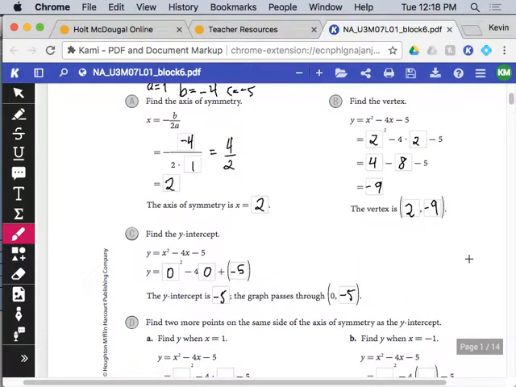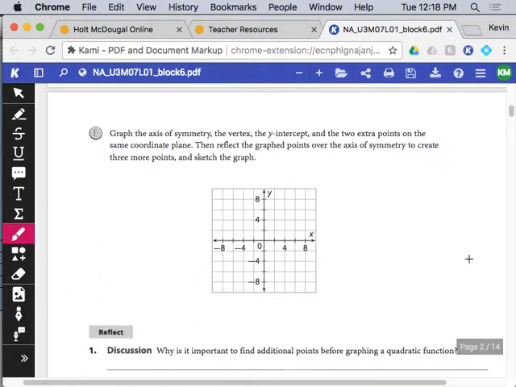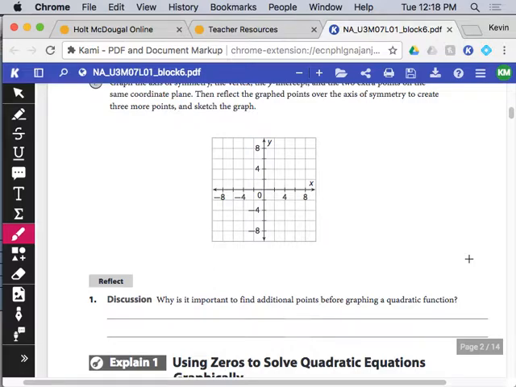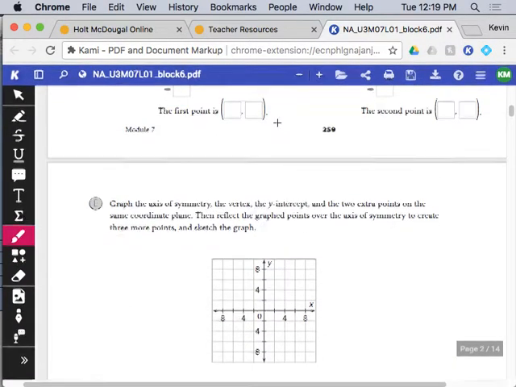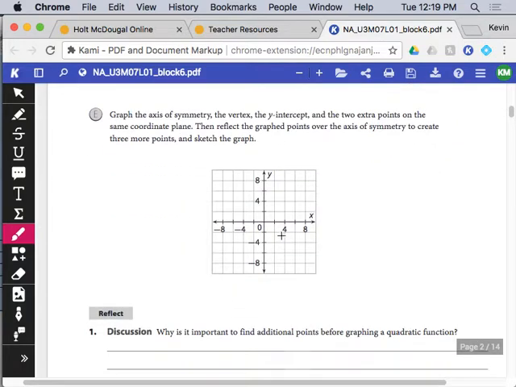Okay, so we've gotten the vertex, we've got the axis of symmetry, and now we have the y-intercept. If you turn to the next page, we'll plot those. We start with the vertex, and plot it at 2, -9. That's here.